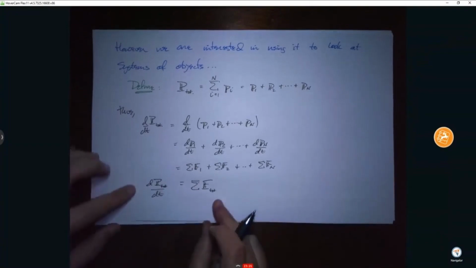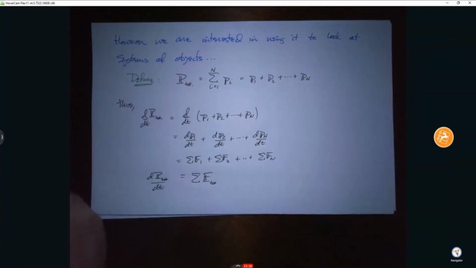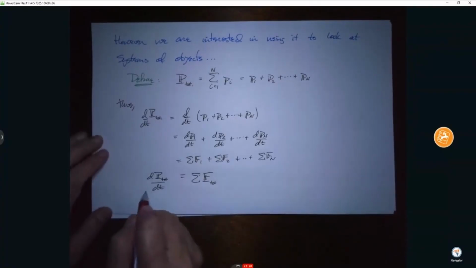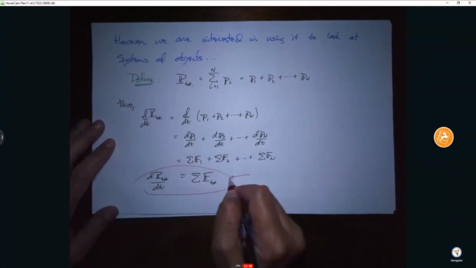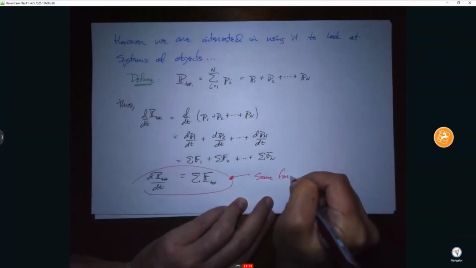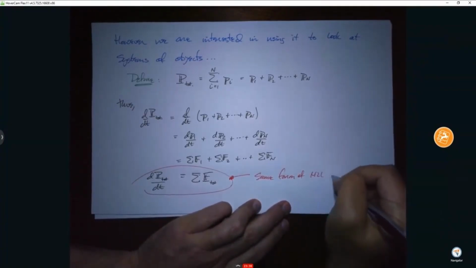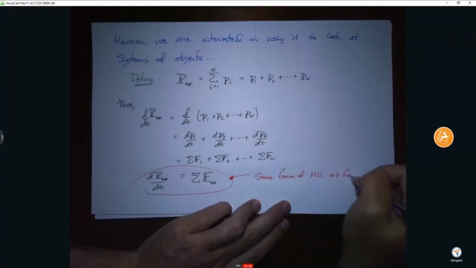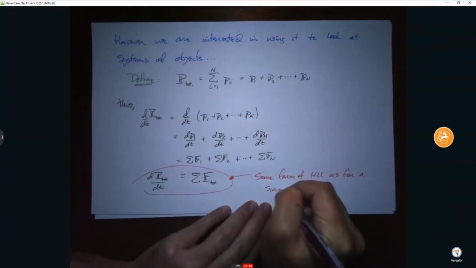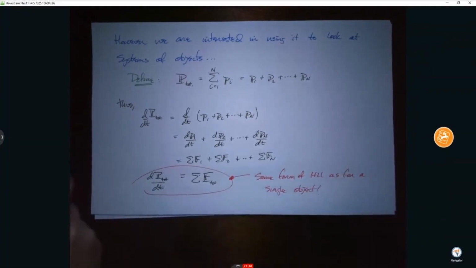So Newton's second law for the system has the same form as Newton's second law for the objects.